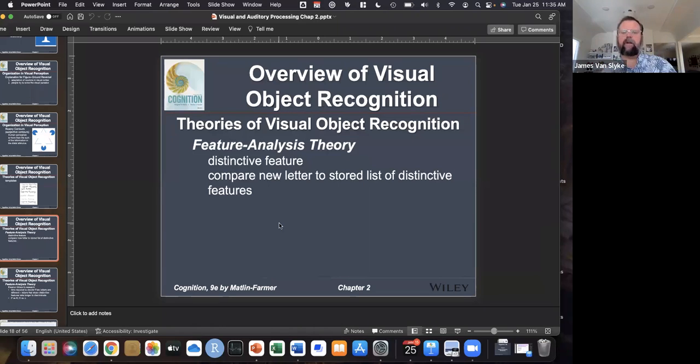Now, another theory about how we see things is called the feature analysis theory. This is the idea that we look for distinctive features when we're trying to figure out what something is.